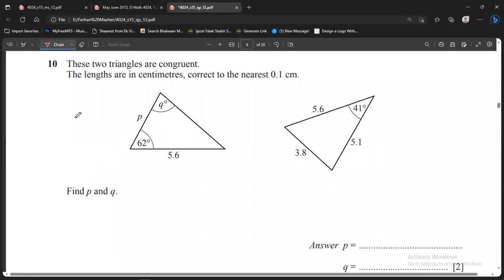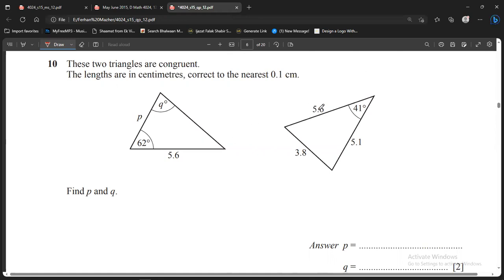Question number 10. These two triangles are congruent. The lengths are in centimeters, correct to the nearest 0.1 centimeter. Find the value of the P and the Q. These two triangles are congruent. Okay. So here you have 5.6.